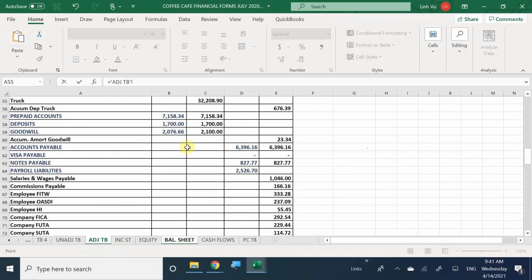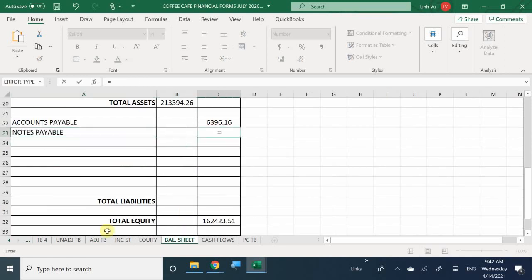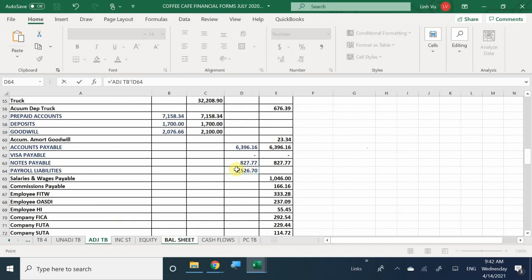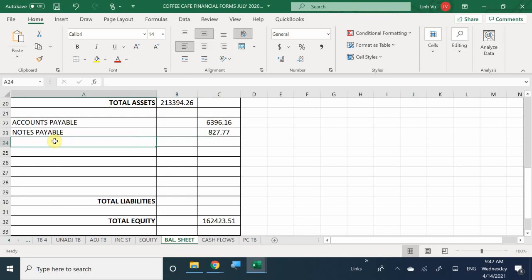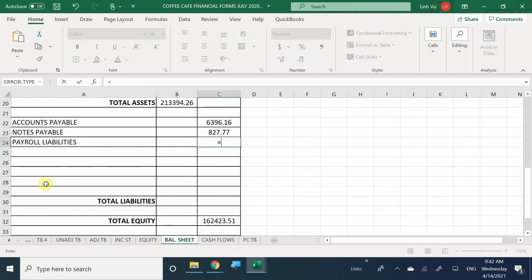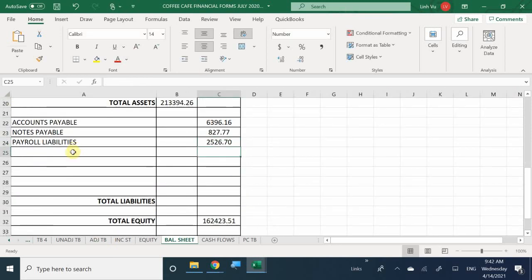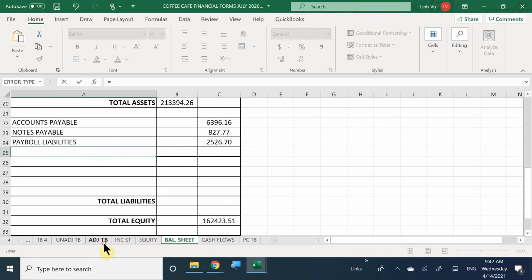Notes payable for 827.77. Okay. What's my next liability here? Payroll liabilities for 25.87. What else liabilities do I still have?